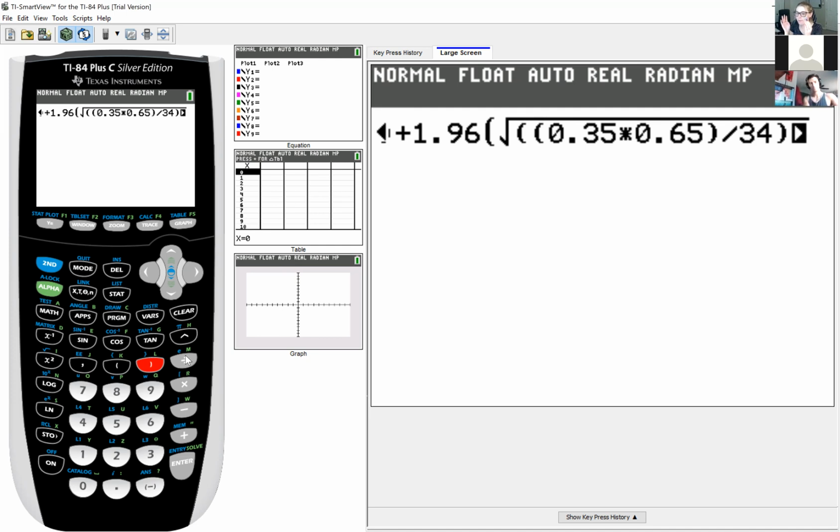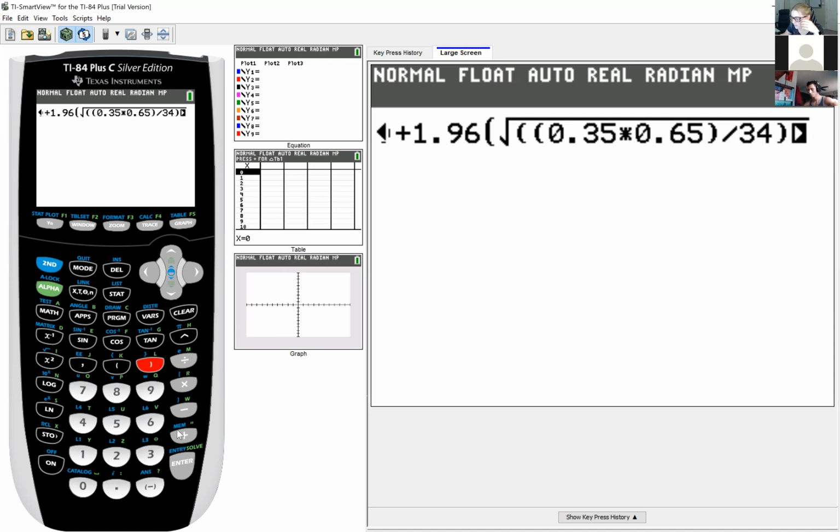All right, so that is the first term under the radical there. It's on the top in the numerator 0.35 times 0.65, and then the denominator it's 34. You can see that in terms, I separate things with parentheses, just because I've had too many instances where my calculator doesn't do order of operations correctly, or it doesn't understand what I'm typing in, and so it gives me something wrong.